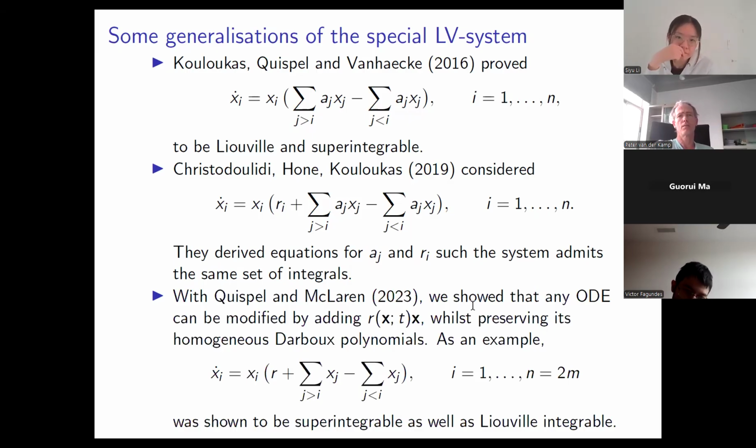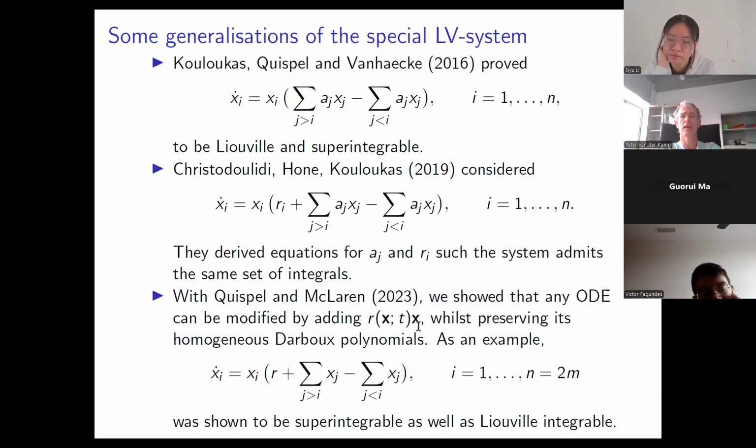All right. A few years ago, not too many, we showed that for any ODE, so this is not a result on Lotka-Volterra systems, any ODE can be modified by adding some kind of non-homogeneous term. You can add a constant function times the vector x to any ODE, and then you preserve the homogeneous Darboux polynomials.